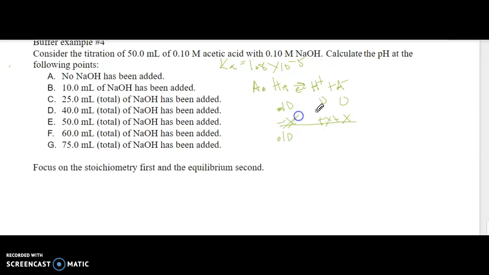X is going to be negligible for this one because the exponent is so small, and then you're going to have X in this. So you're going to have, for your Ka, X squared over 0.1 equals 1.8 times 10 to the negative fifth.